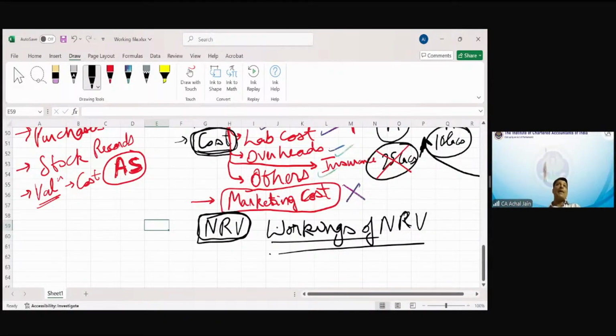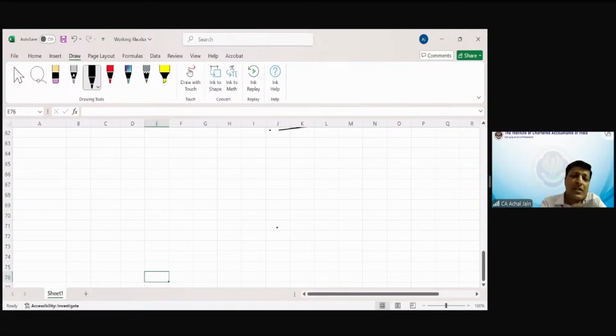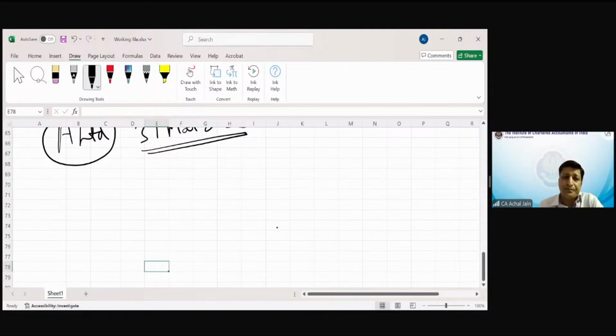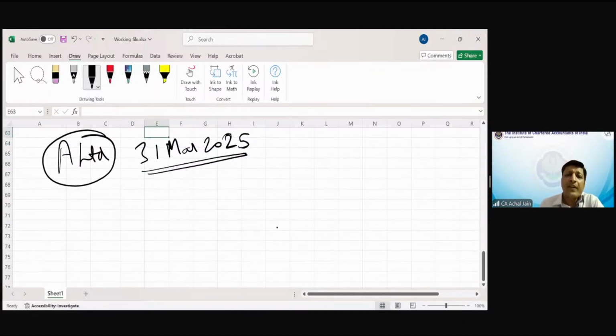Now, if let's suppose the management says that there is no item which is recorded at NRV, all of them are at cost. Let's suppose there's a situation. Say there is a company A Limited, as at the year end, let's suppose 31st March 2025, auditor has found all the items of inventory are recorded at cost.